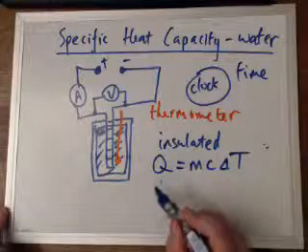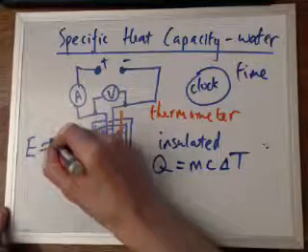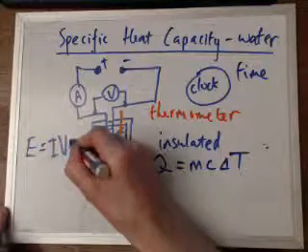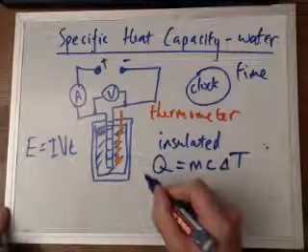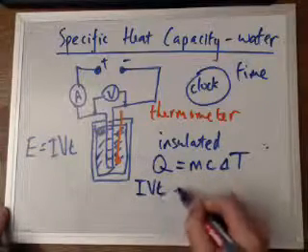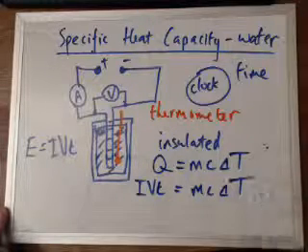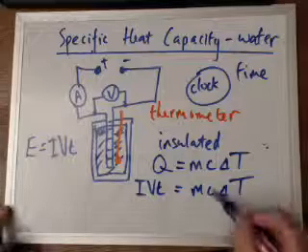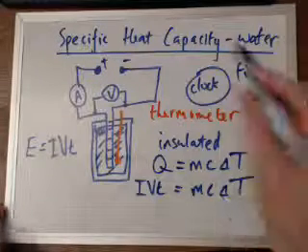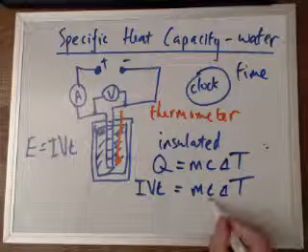Now, as from before, because the electrical energy is equal to IV times time, we can replace this with IVt is equal to mc delta T, the change in temperature. And what we're looking for is the specific heat capacity of water, which is c here.